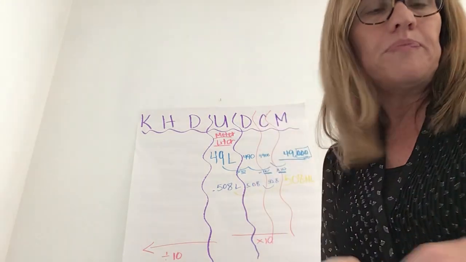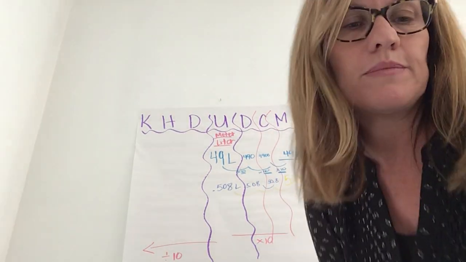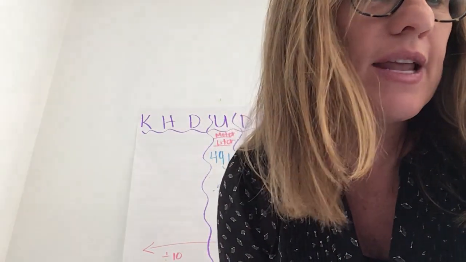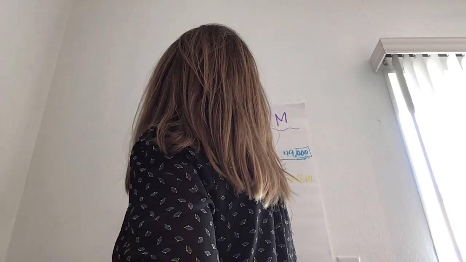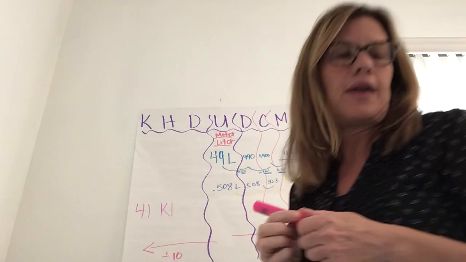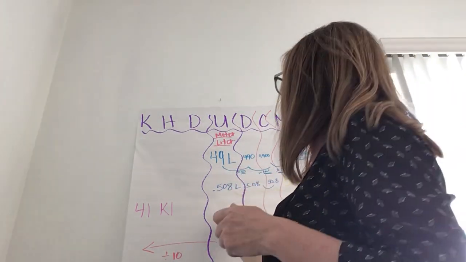Okay, let's do one more, and then I'm going to go into a couple of word problems. Let's look at number 11, and it's 41 kiloliters. So 41 kiloliters, okay? And they want to know what that is in liters.